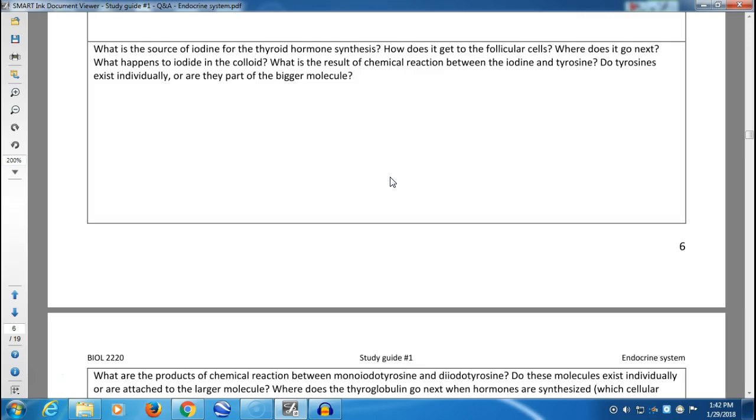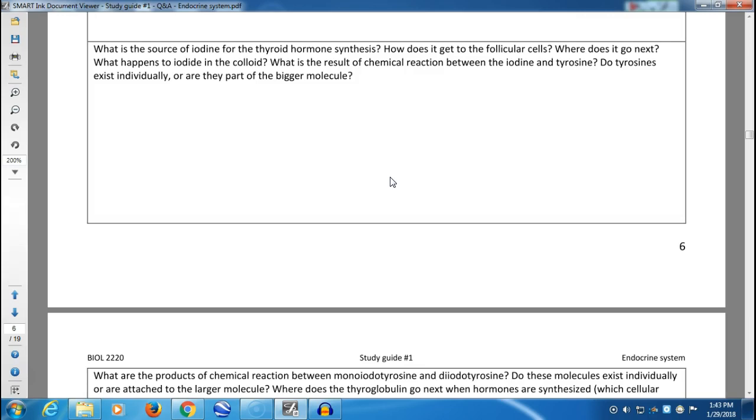Is the amino acid tyrosine separate or part of a protein? Part of a protein. So when it binds to the tyrosine, eventually tyrosine becomes thyroid hormone. Is it separate or still part of a protein? Still part of a protein.